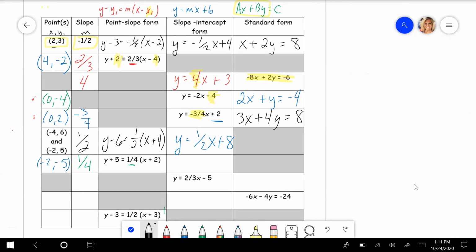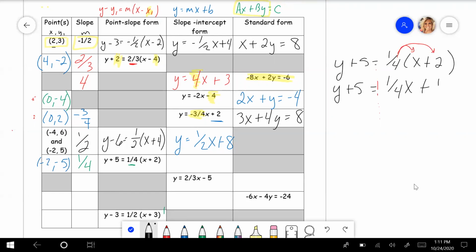Now let's rewrite this and put it into slope-intercept. Okay, at the equal sign, I've got a dotted line. I'm going to multiply here. So I'm going to have y plus 5 equals 1/4 x plus 1/4 times 2. That is 1/2.